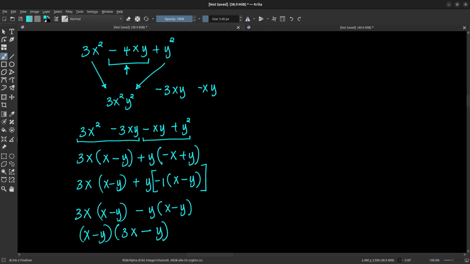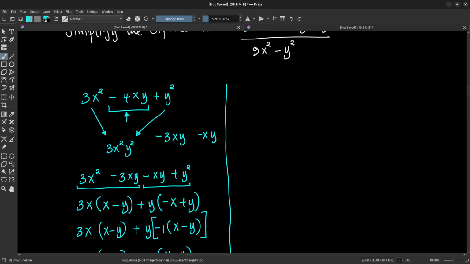So now it's time to work on the denominator. For the denominator we had 9x² − y².